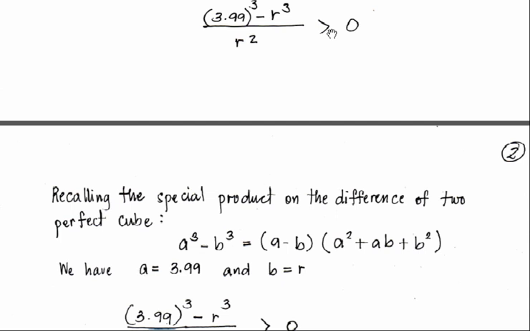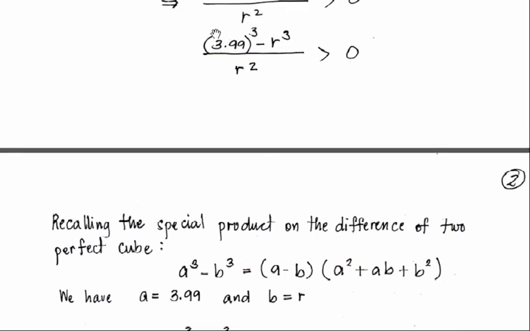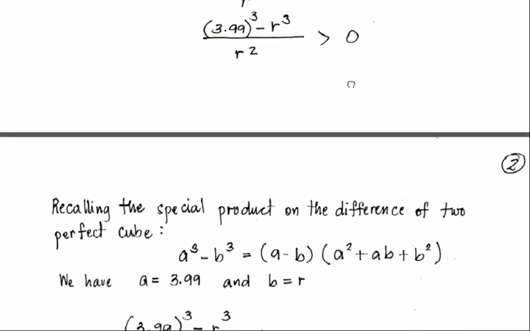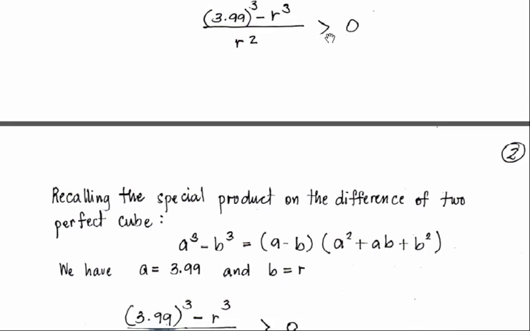So this is our objective for now: to solve this inequality and find the values of r that will satisfy it. It is better for us to factor the numerator in order to find the critical values for r that we're going to use.